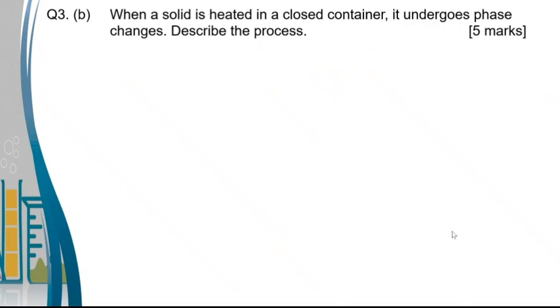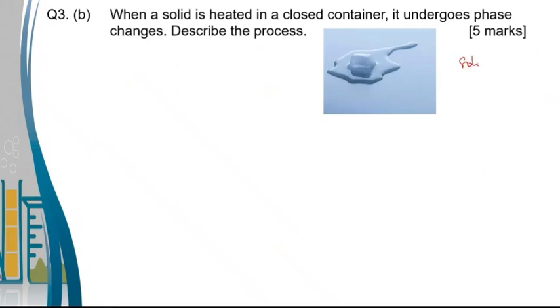Now we are going to question 3 part B. When a solid is heated in a closed container, it undergoes phase changes. Describe the process. The phase change, of course, is from solid to liquid. Solid changes to liquid.